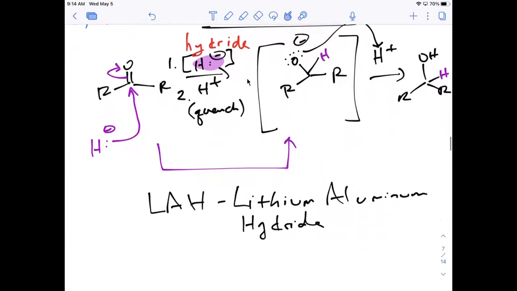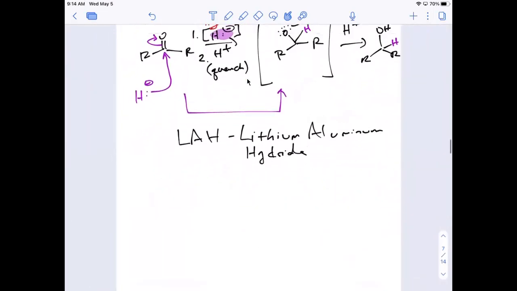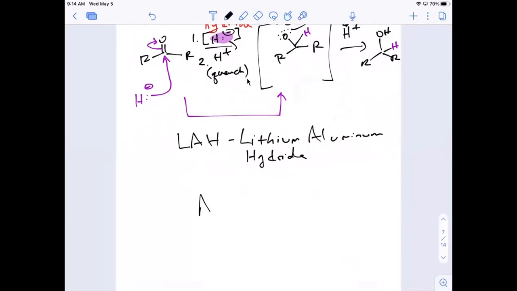That's a negatively charged aluminum, so it's got four hydrides, or four hydrogens, around it. That's negative, and then the lithium is positive. It's a salt. So LAH is one really good reducing agent.